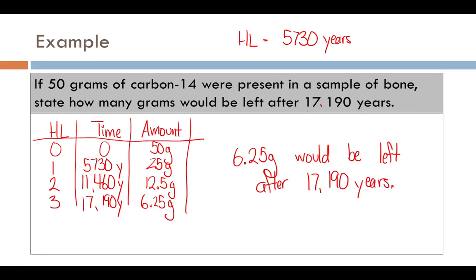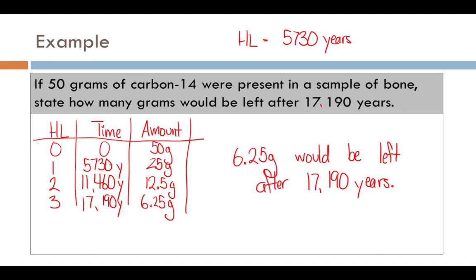Now, a couple things to remind you of before you try some of these on your own. Please make sure that you are starting at 0 here and at 100% for the amount. Really important. Make sure that every time you go up one half-life, you're adding another half-life worth of time to the total amount of time.